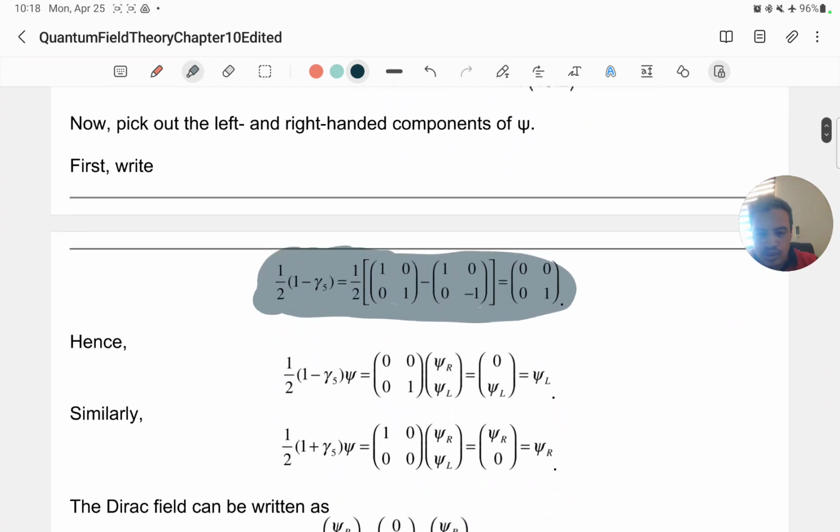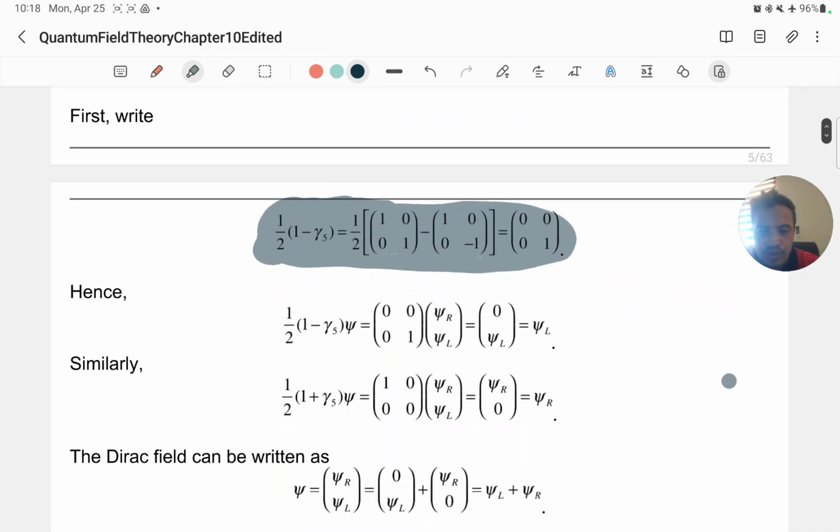And similarly, you can also extract the right-handed component if you use this expression. By the way, this is to pick out the left-handed ones, and this is to pick out the right-handed ones.